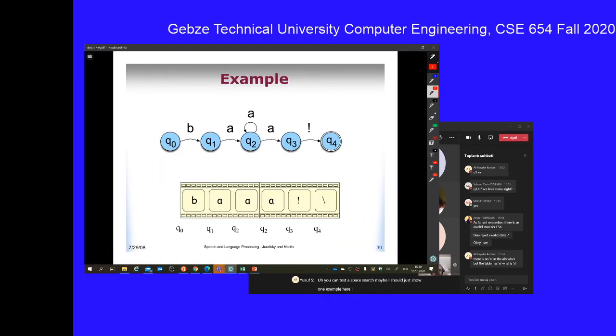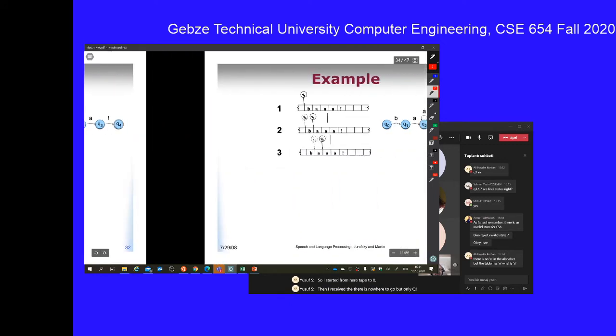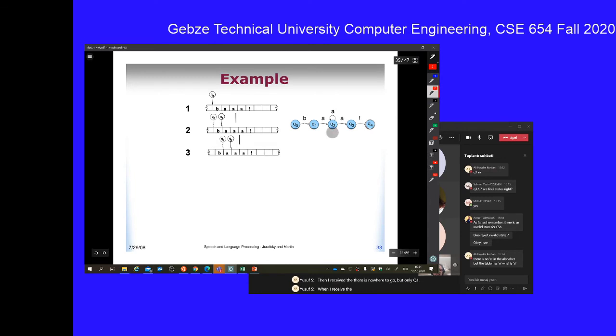I have exactly the same example that I showed you, maybe BAAA exclamation mark and end of word. So I started from here, at Q0. When I received B, there is nowhere to go but Q1. When I received A, I need to go to Q2. When I received A, there could be two positions, either Q3 or Q2.